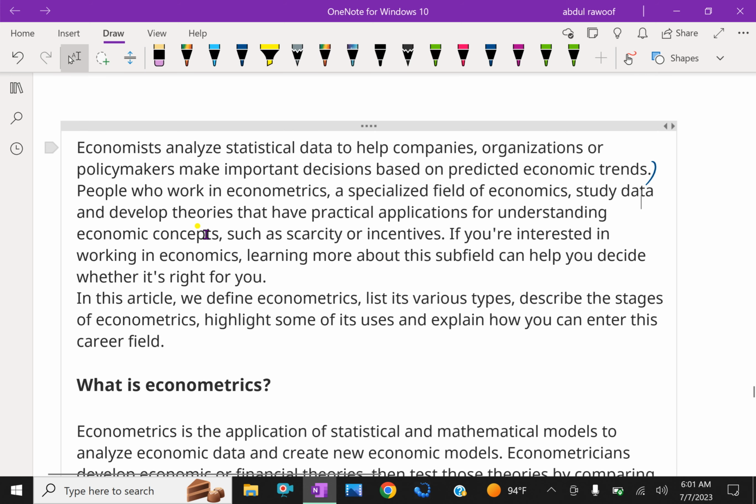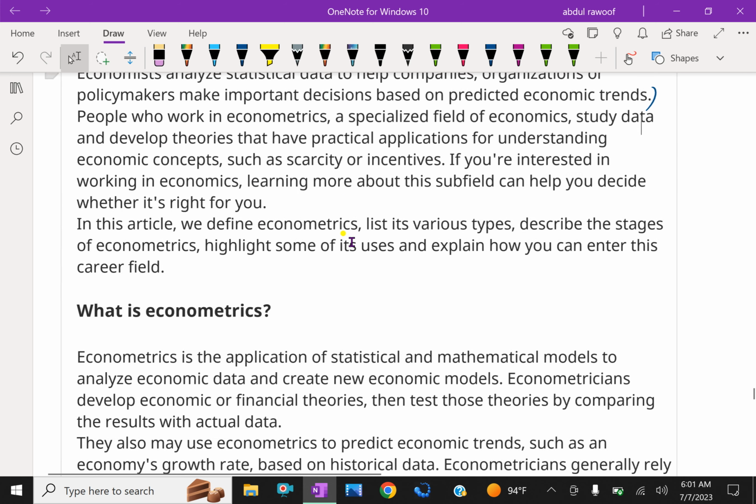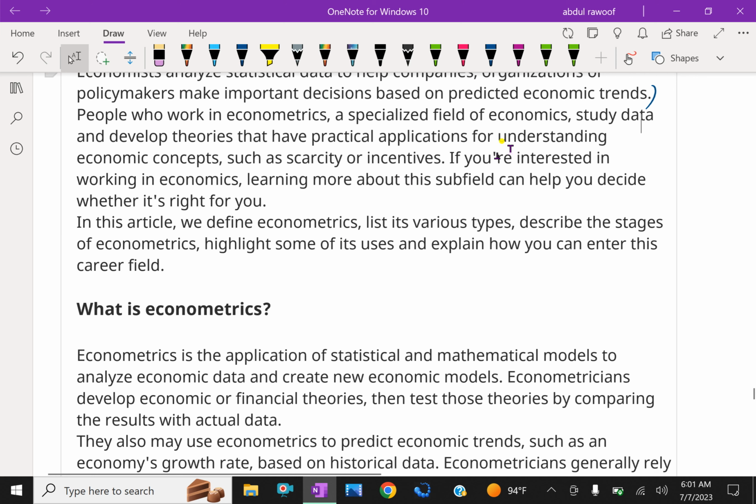People who work in econometrics, a specialized field of economics, study data and develop theories that have practical applications for understanding economic concepts such as scarcity and incentives. If you are interested in working in economics, learning more about this subfield can help you decide whether it's right for you.